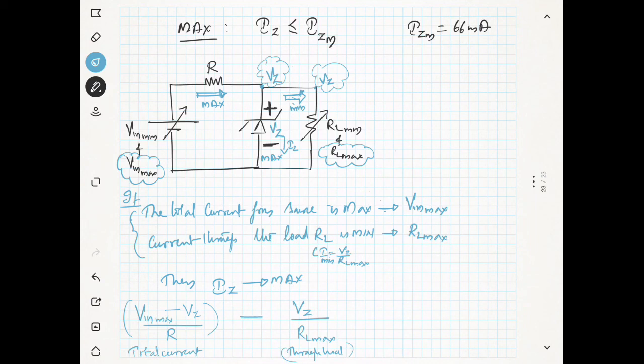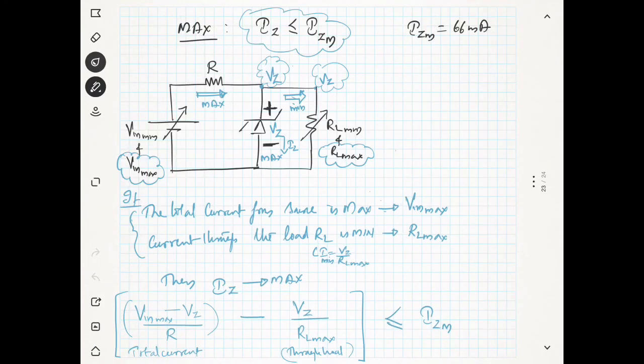If you subtract the current through the load from the total current, you will get the current through the Zener diode, and this quantity should be less than or equal to the maximum current, as I told you before. Otherwise what will happen? The current will exceed the limit and the Zener diode will damage.